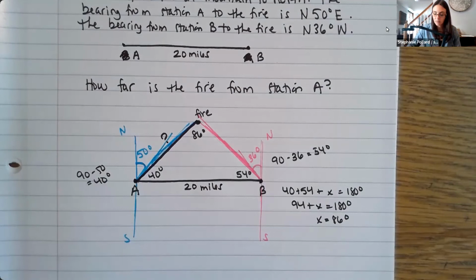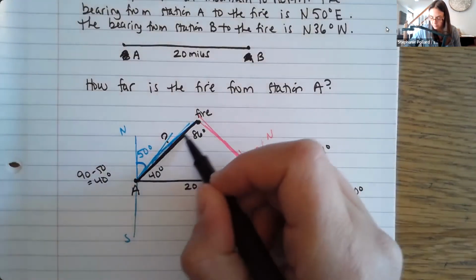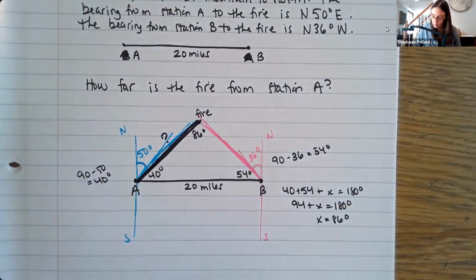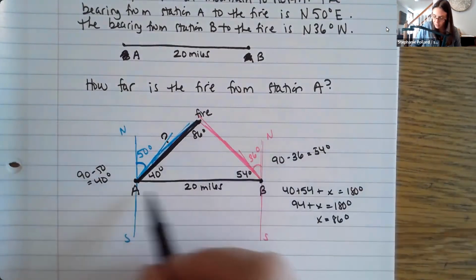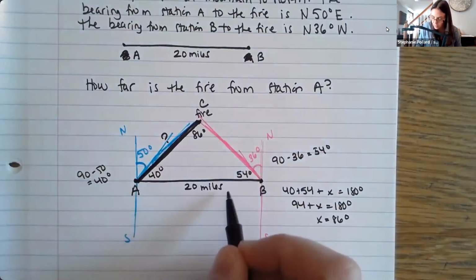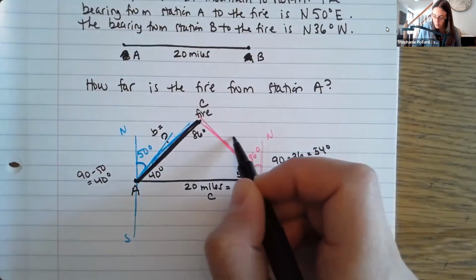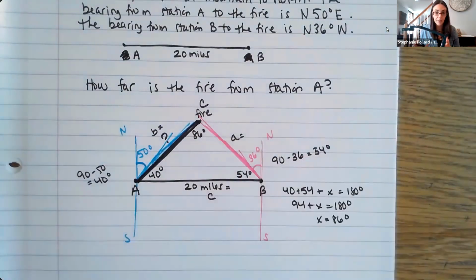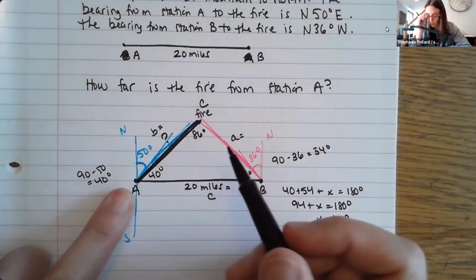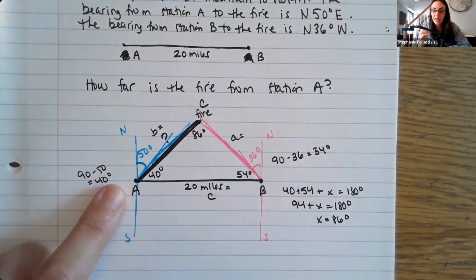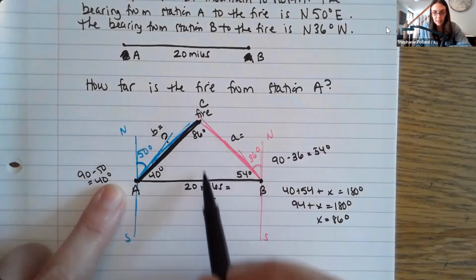And now I need to actually find this length. This is what I want right here. So let's line everything up. If this is A, B, let's call the fire C. So this is C and this is B. So we're looking for the B piece here, not necessarily the A. Now I need one complete ratio if I'm using law of sines. So one complete ratio is the C's, right?